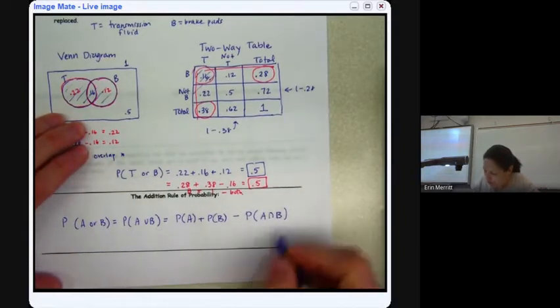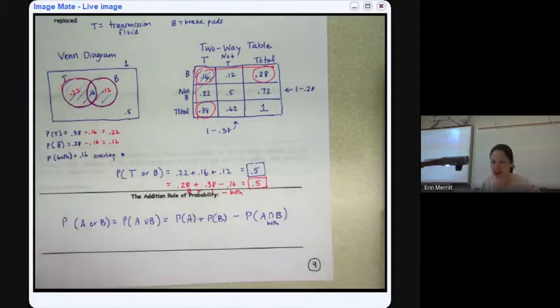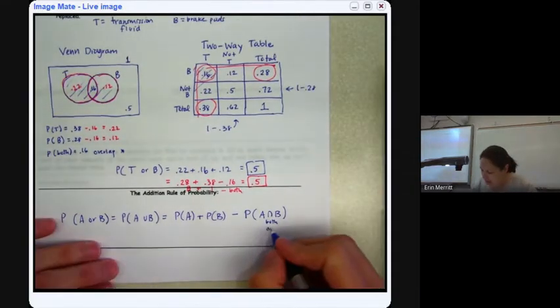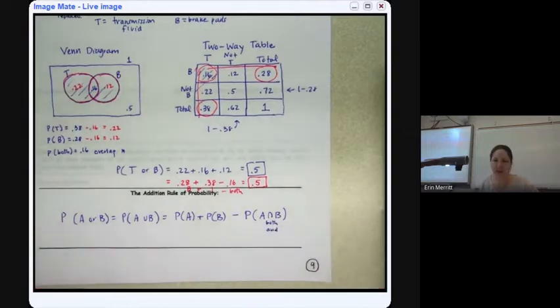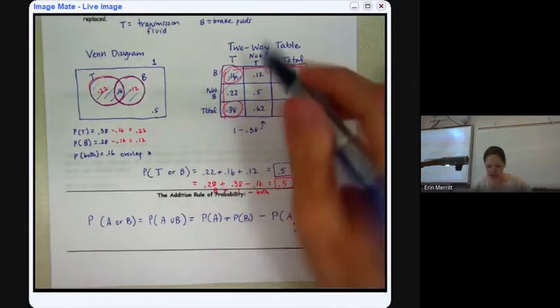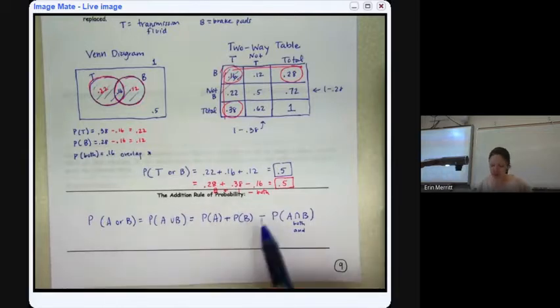And the overlap, I'll write both there, that's the intersection, or the and, the probability of A and B. All right, so that is our rule for today. Sometimes we're going to use this and take the pieces. Sometimes we're just going to apply the rule, depending on what information has been given.